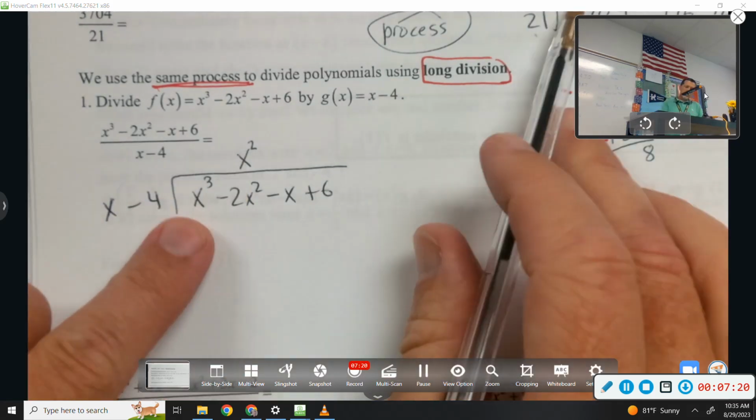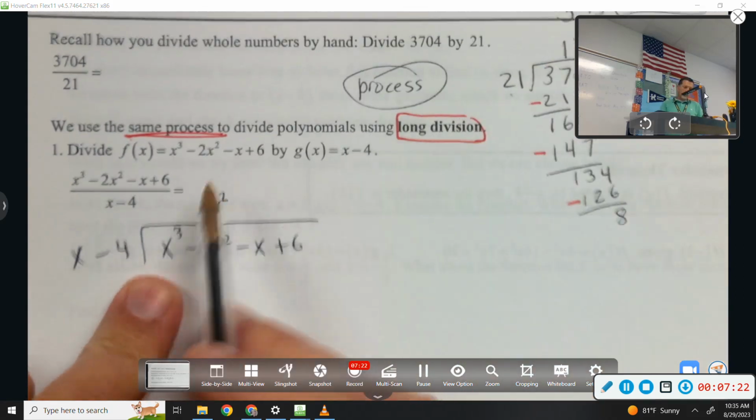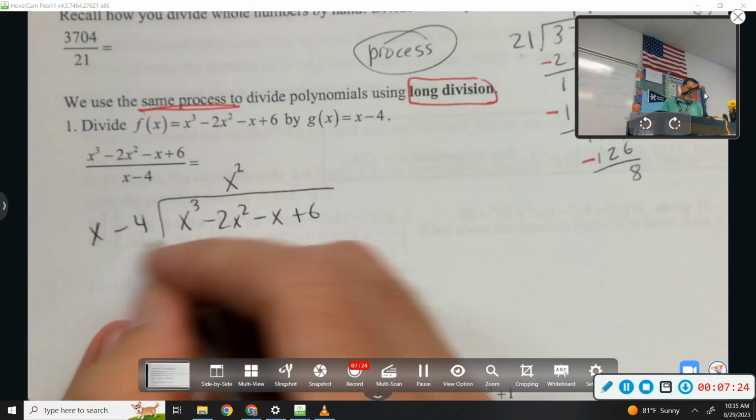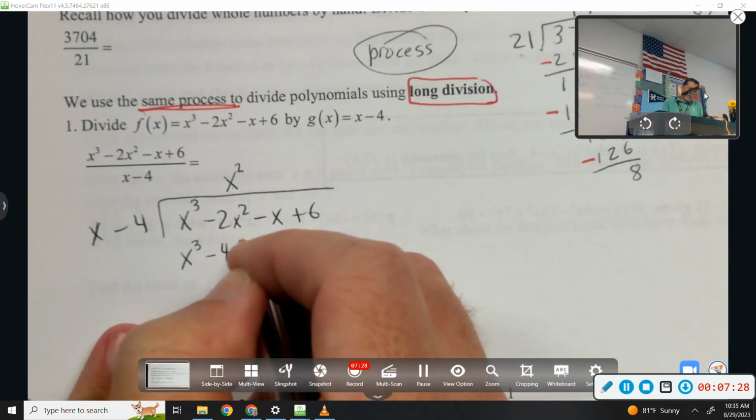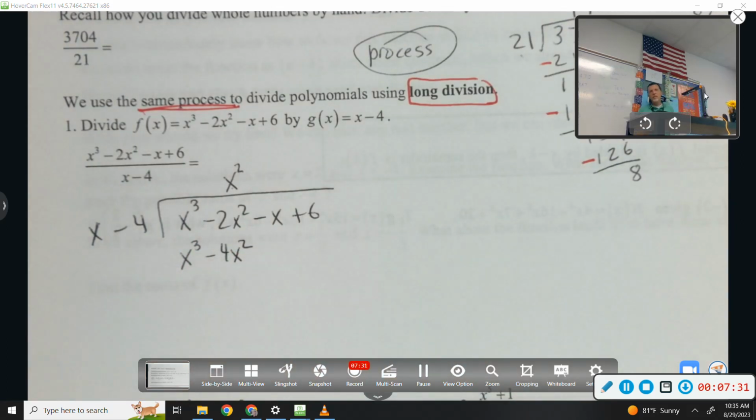So next in the process is multiply it back. So x squared times x minus 4 is x cubed minus 4x squared. And what do we do with that? Subtract them. Right? Just like we did over here.